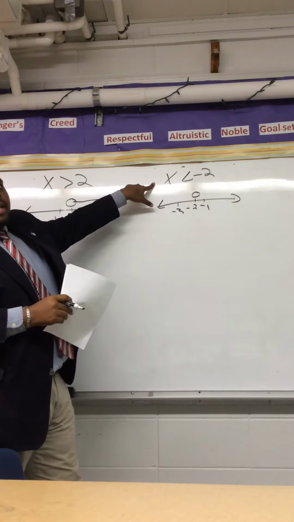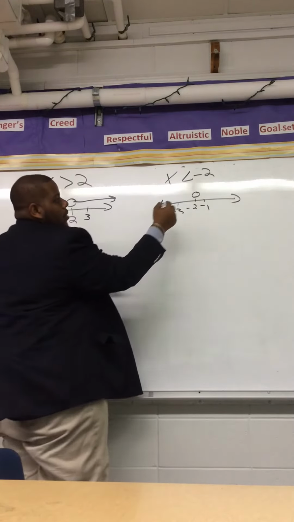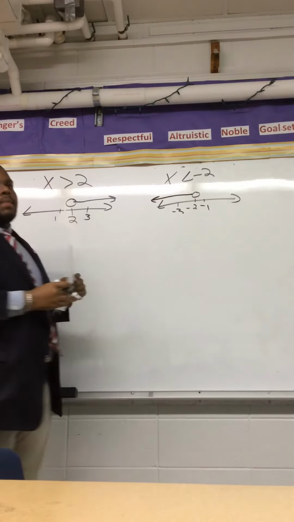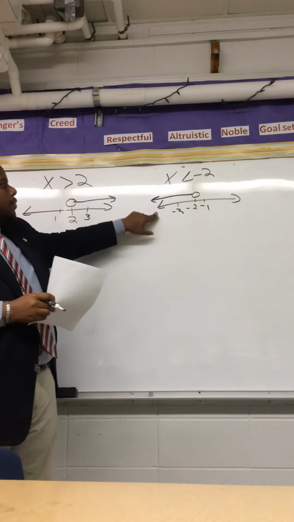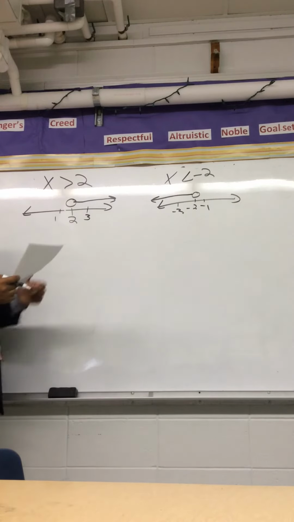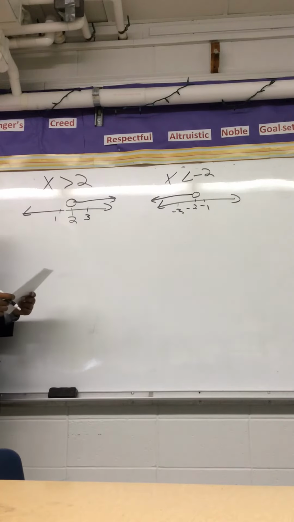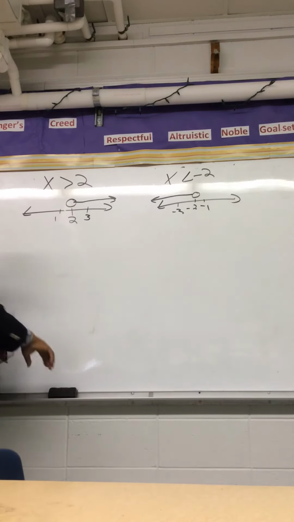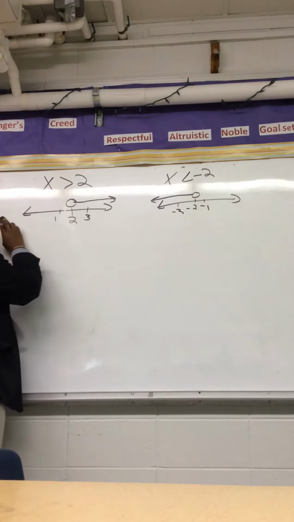If x is less than negative 2, you go to the left because all these numbers are less than negative 2. You have negative 3, negative 4, negative 5 are less than negative 2. Let's take 20 seconds to quickly copy that down. If you have to, you can pause the video to copy it down. Let's keep moving.